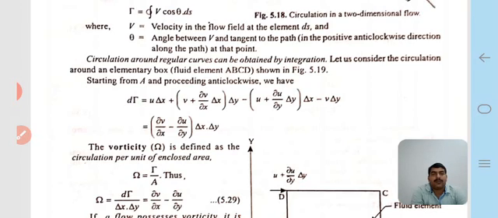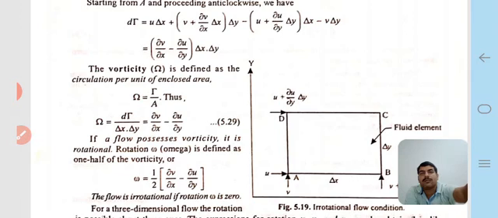Now, circulation along regular curves can be obtained by integration. Let us consider the circulation around an elementary box ABCD, which is shown below. This is the fluid element ABCD seen in the diagram.